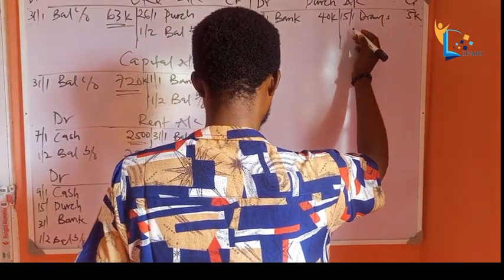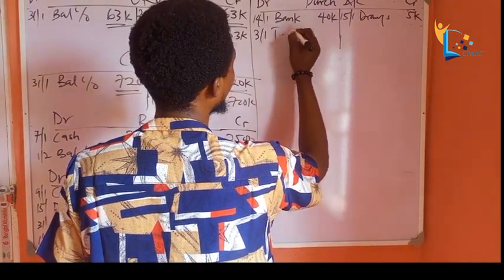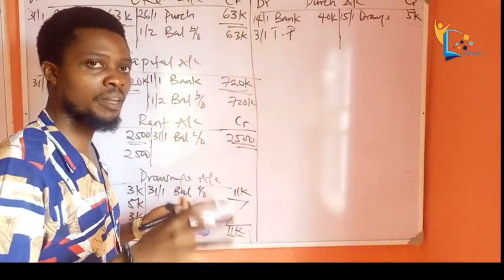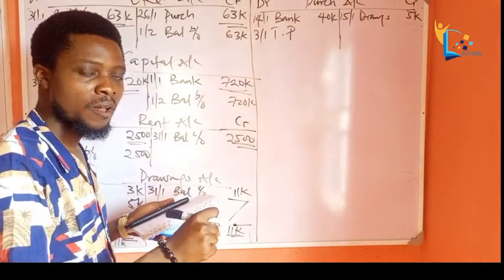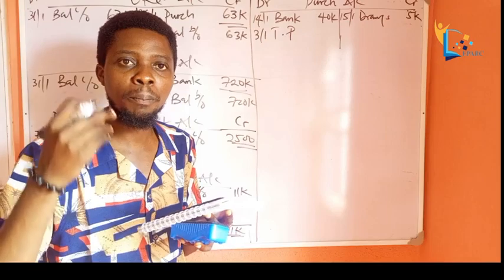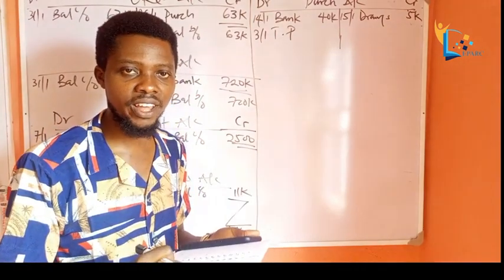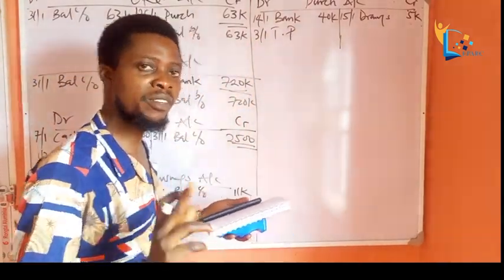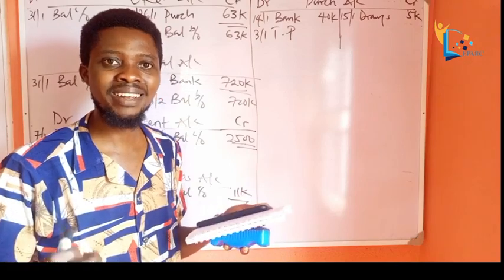All right. So now we have on the 31st of January, trade payables. Let me shorten it: trade payable. If you check your purchase day book, the total of those transactions, the purchase day book is where you record goods purchased on credit. So the total of those transactions there is what we call trade payable. So you bring it to the debit side of purchase account. Remember I told you the purchase day book is not an account, it's a book. Only the cash book serves as a book and as an account.